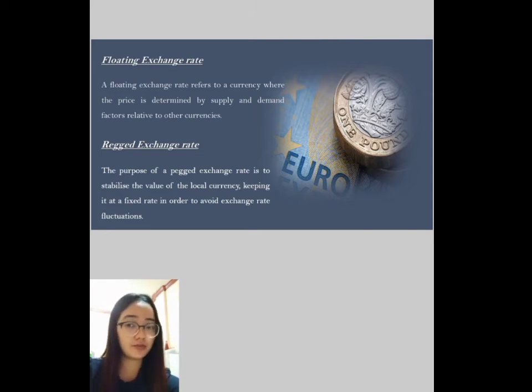It's a currency regime in which the country's currency is tied to another currency. So a country may decide to stabilize the exchange rate through a peg to prevent an excess of overvaluation.